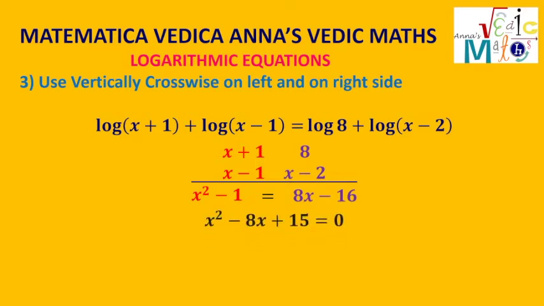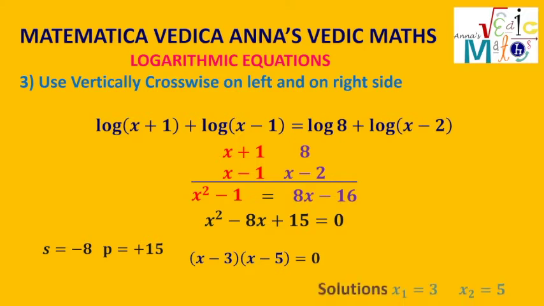The quadratic equation we have is x squared minus 8x plus 15 equal 0. To find the solution, we have to find two numbers that add up to minus 8 and their product is 15. These two numbers are minus 3 and minus 5.